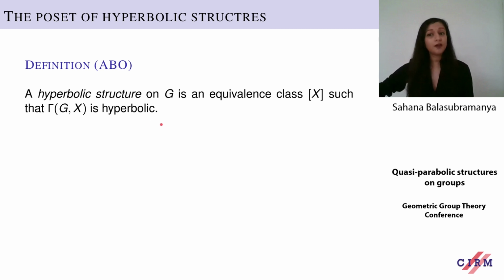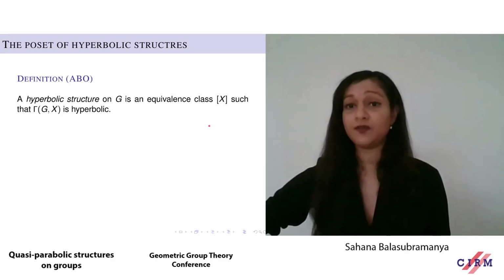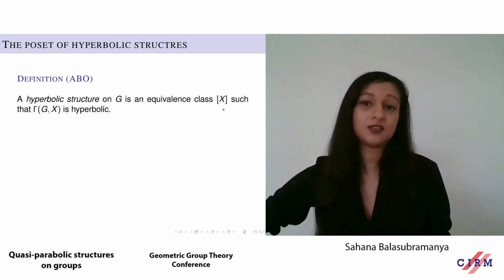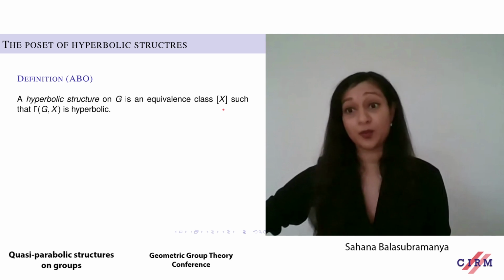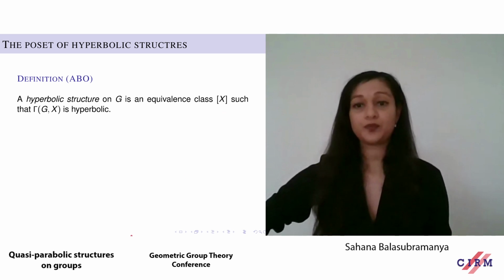And it's okay for me to call a structure hyperbolic because we know that hyperbolicity is a quasi-isometry invariant. So no matter which representative I pick from this equivalence class, the associated Cayley graph will still be a hyperbolic space. We might change the delta that's needed to make this Cayley graph hyperbolic, but that's okay.